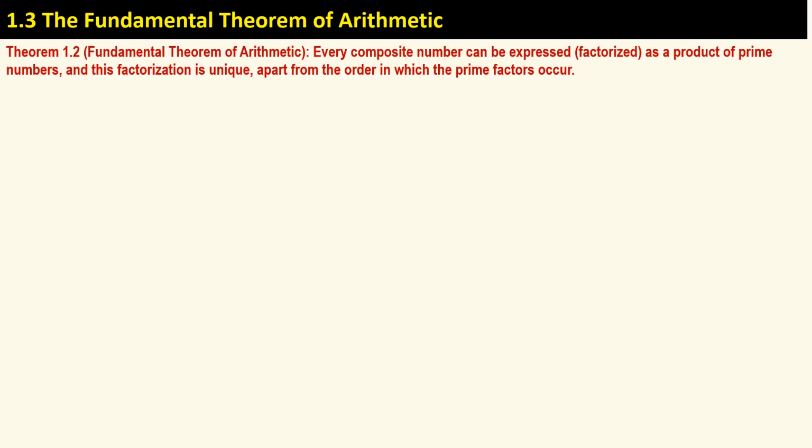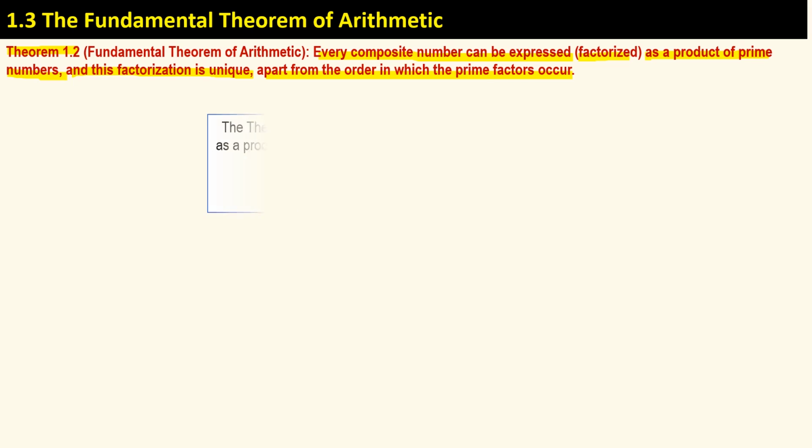So now let's move on to our fundamental theorem of arithmetic. This is Theorem 1.2 in the textbook, and it states that every composite number can be expressed, that is factorized, as a product of prime numbers, and this factorization is unique apart from the order in which the prime factors are arranged or occur.